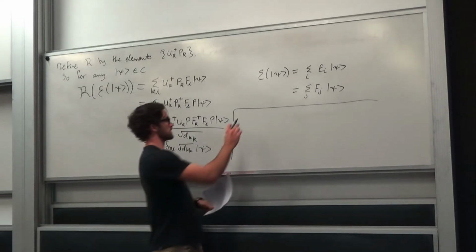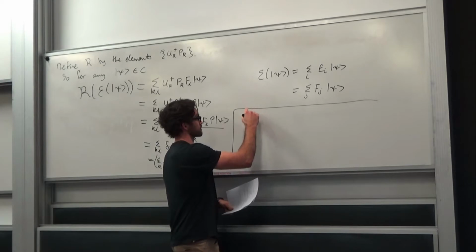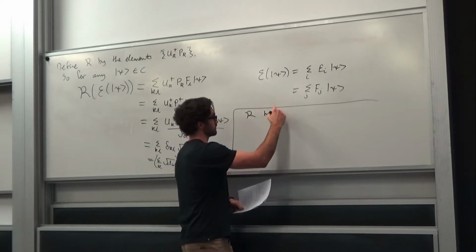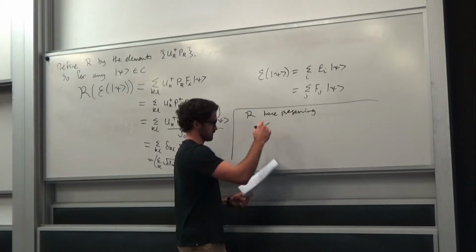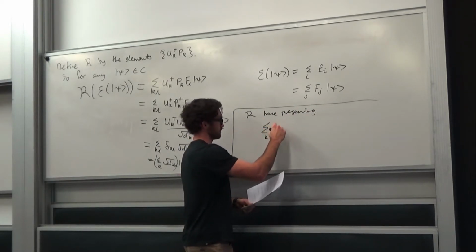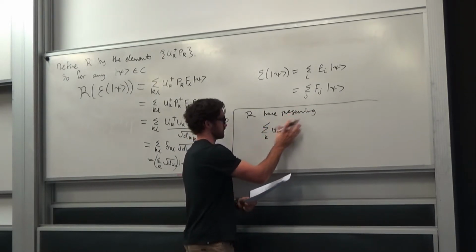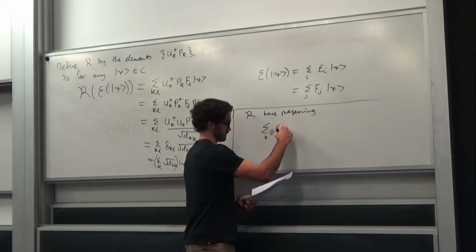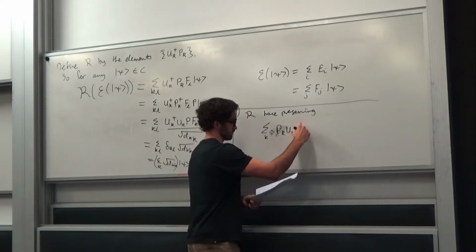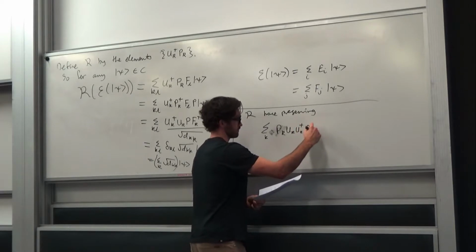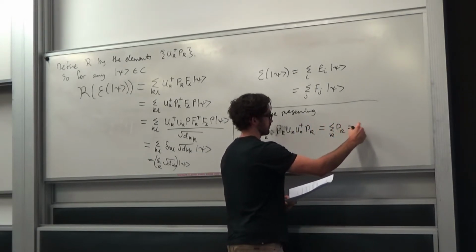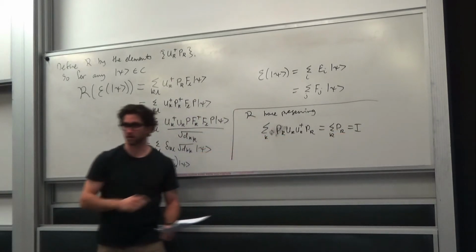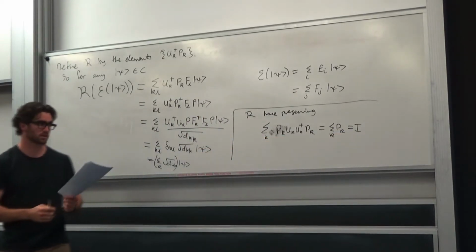Yeah, so the last thing we need to show is being trace preserving. So it equals I when we've added a projector to that set.